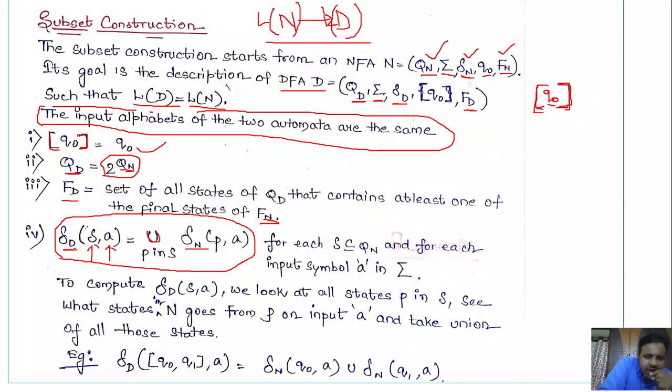We are calculating the transition function for some state S on input symbol A. In order to calculate the transition function in the DFA, we need to refer to the transition function of the NFA, right.